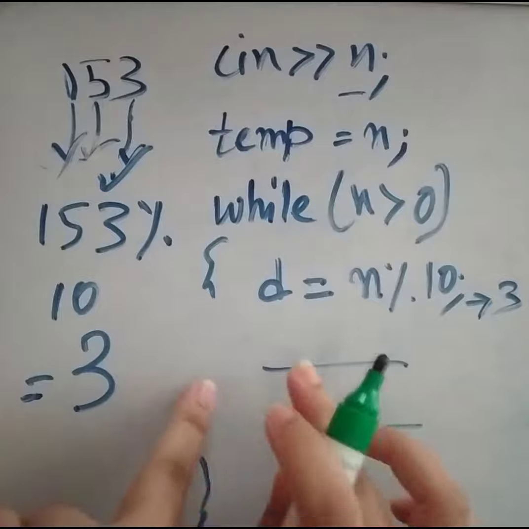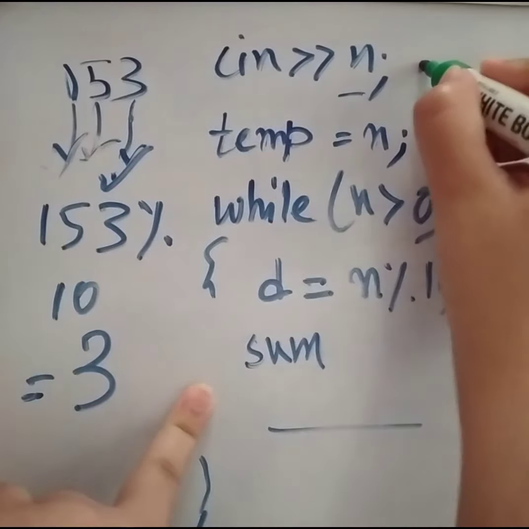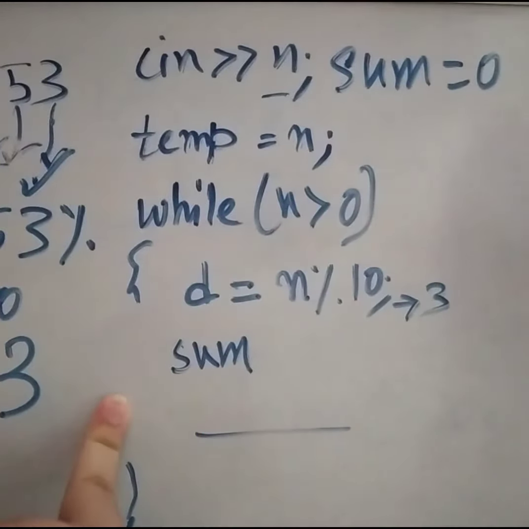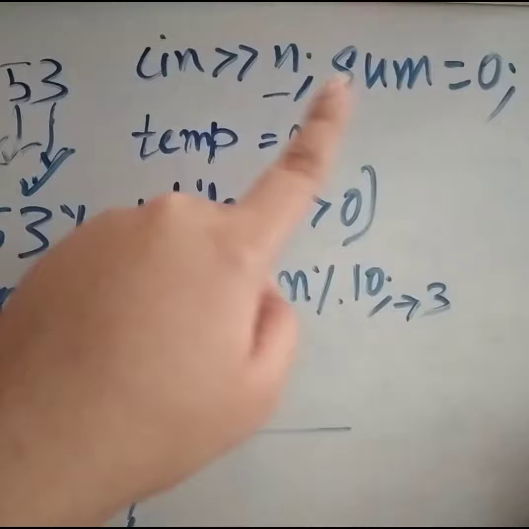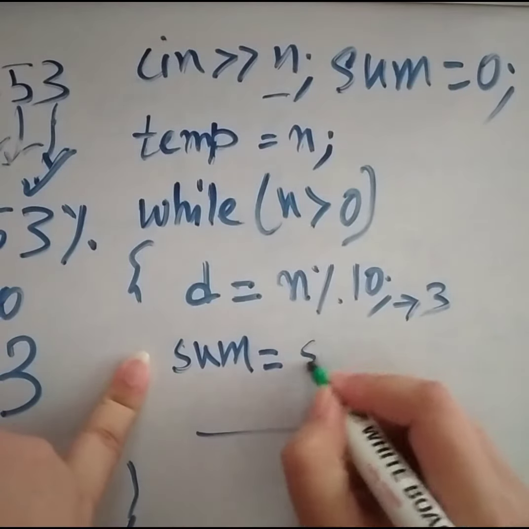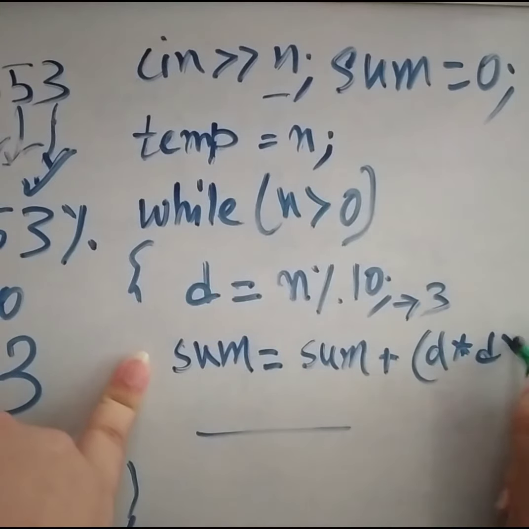Next step, we'll take another variable called sum and pre-initialize it to 0. Don't forget to do that. We'll update the sum inside this loop as sum equals sum plus d into d into d.